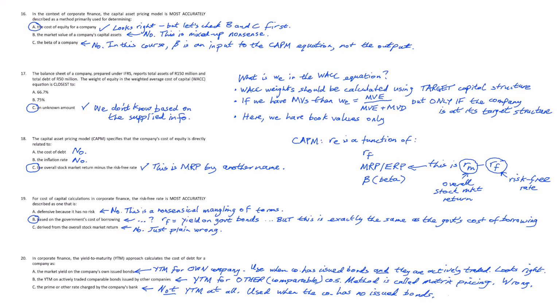So C is for a company that borrows directly from banks without issuing bonds. B is for a company that can't use the yield to maturity approach because its bonds are not actively traded, and we confirm that A is the correct answer.